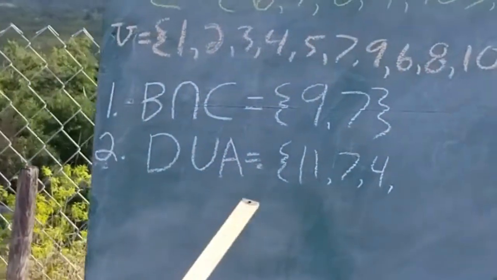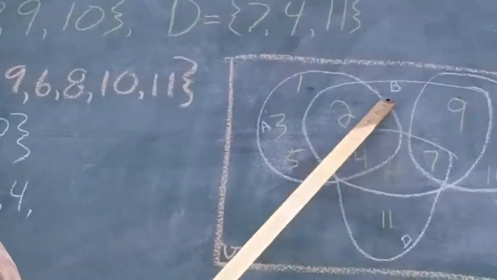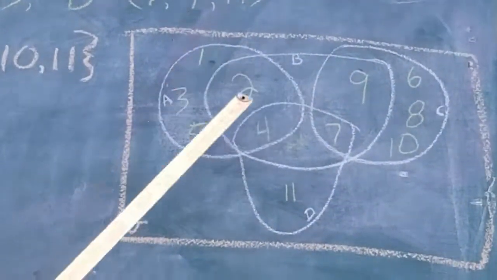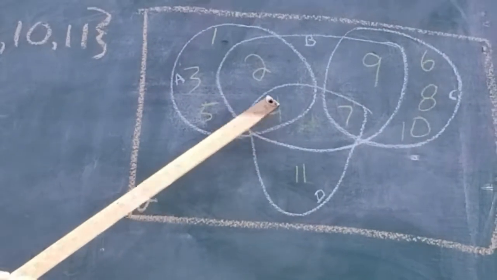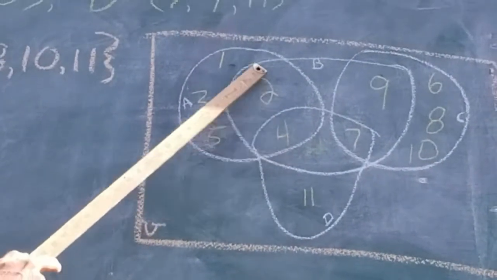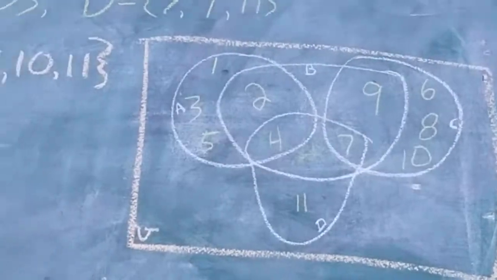This set will also consist of all the elements in A. So where's A? Right here. We notice that there's one element that's shared between A and D, so we don't want to be redundant. We already have the 4, but we'll include all the other elements that are in A as well: 5, 3, 1, and 2.